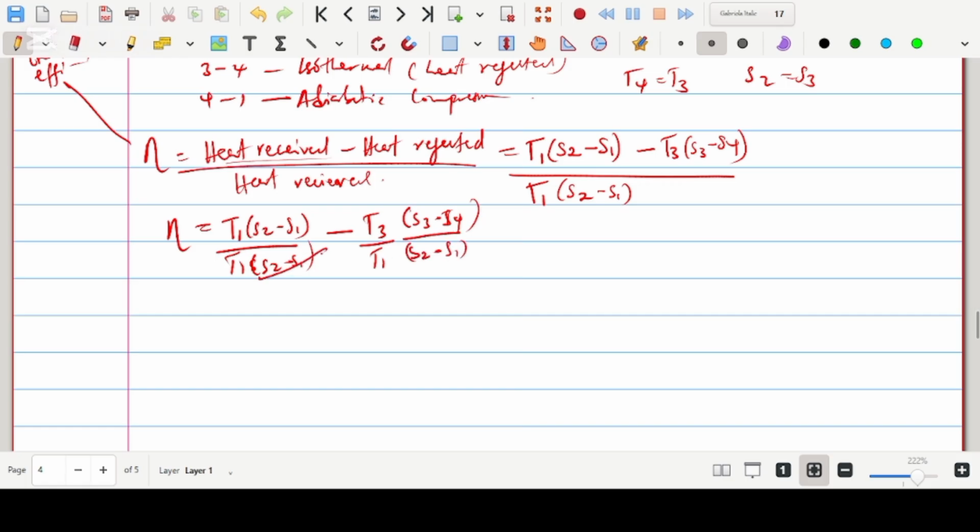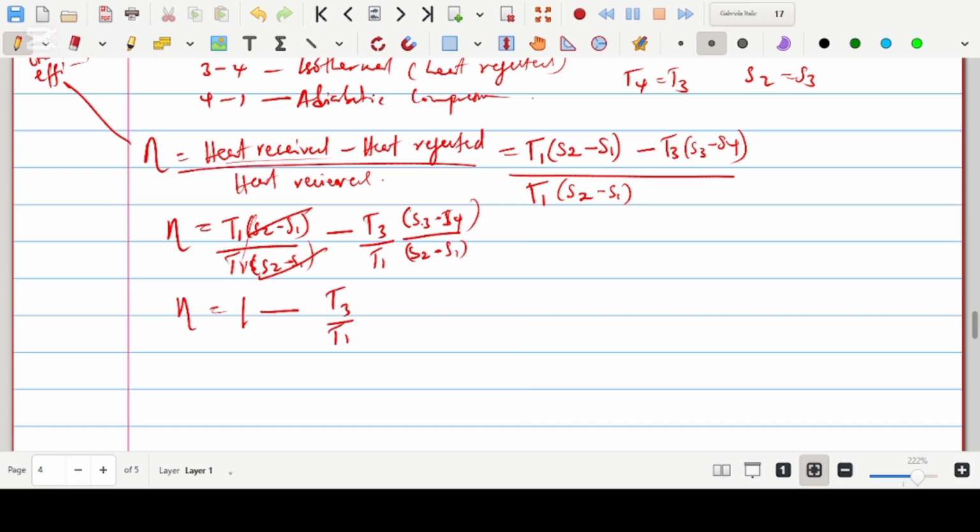You agree with me that this will cancel this. I have thermal efficiency equal to T1 over T1, this one goes, so I'll only have 1 there, then 1 minus T3 over T1.